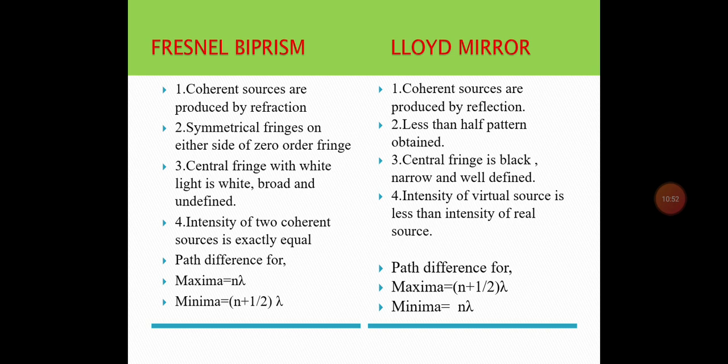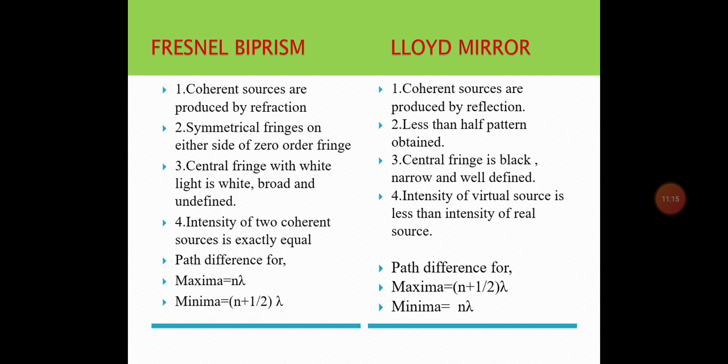So we have done both the topics, Fresnel biprism and the Lloyd mirror experiment. There is an extra advantage of the Lloyd mirror over the biprism, that we can produce achromatic fringes from the Lloyd mirror. What are achromatic fringes? If dark and bright fringes are obtained with white light, right?